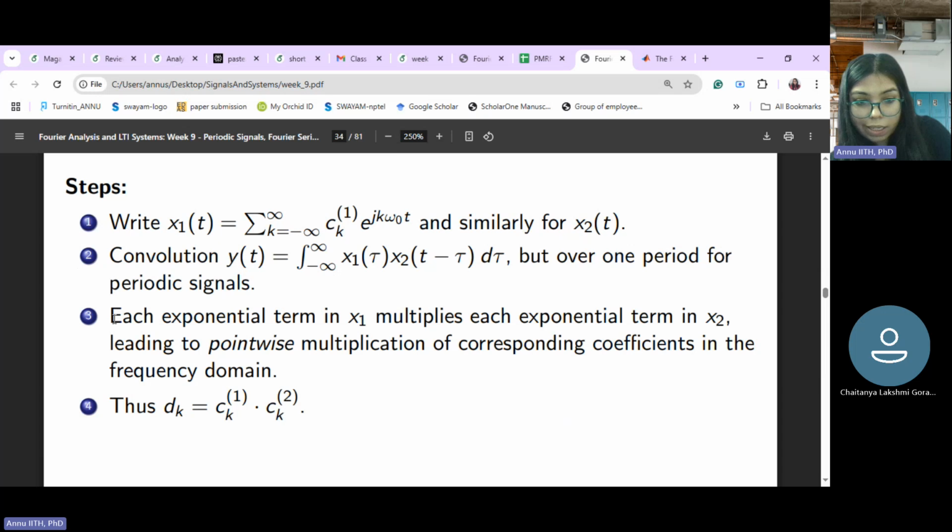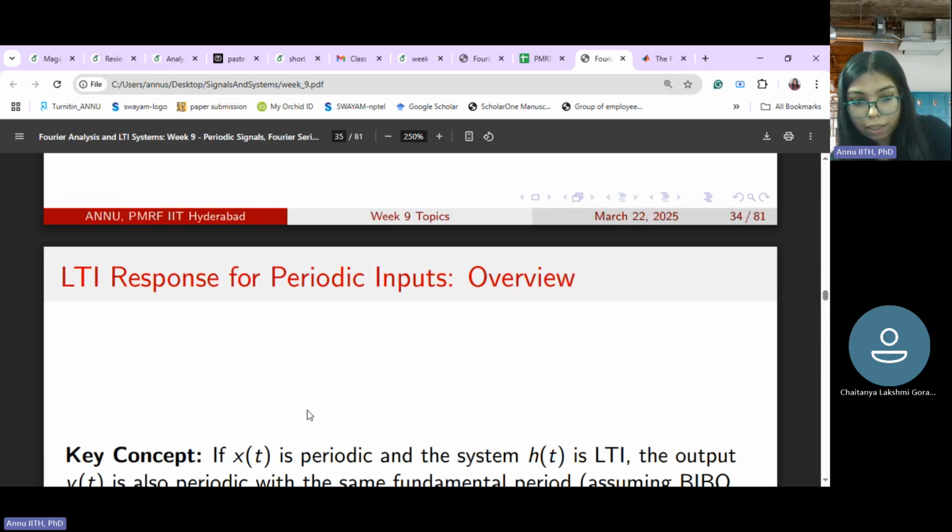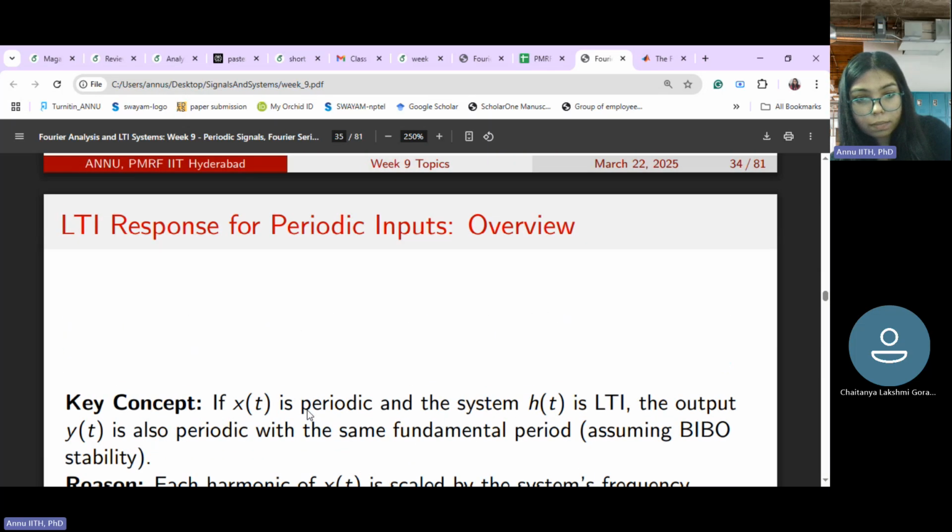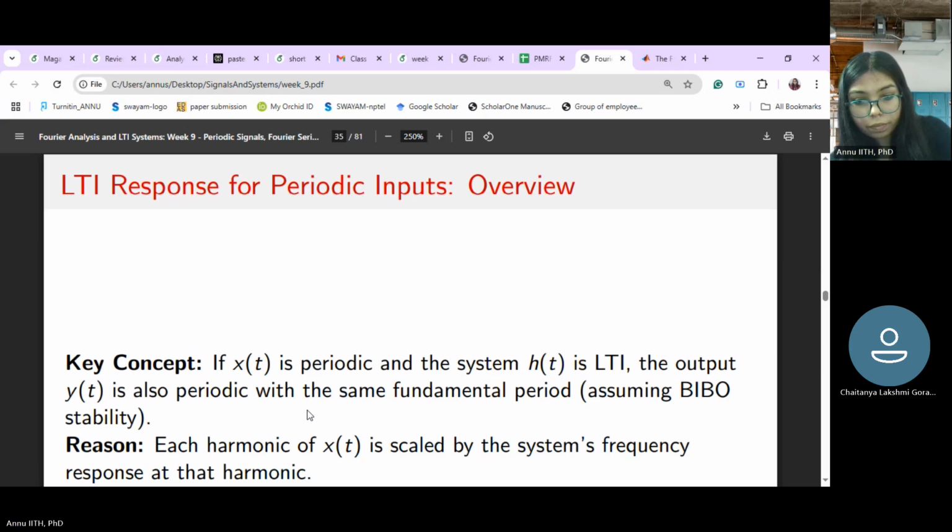Each exponential term in x1 multiplies each exponential term in x2, leading to pointwise multiplication of corresponding coefficients. Thus dk is equal to ck1 times ck2. That's very simple and straightforward. Now let us move forward to the LTI response to periodic inputs and how it behaves.